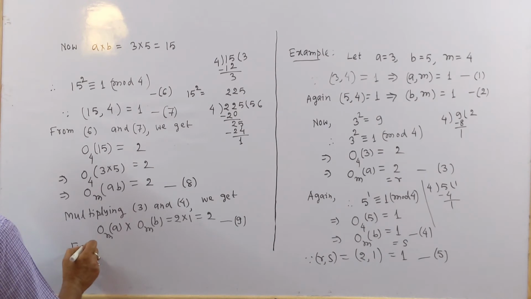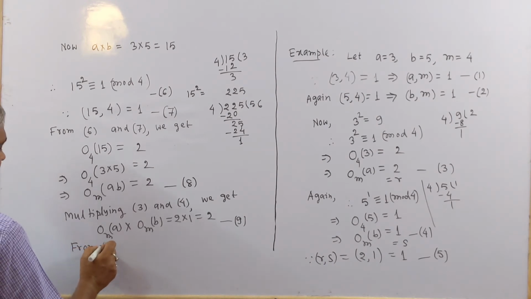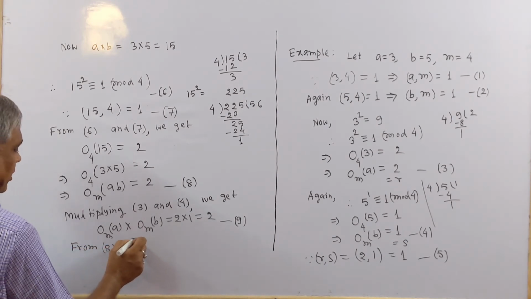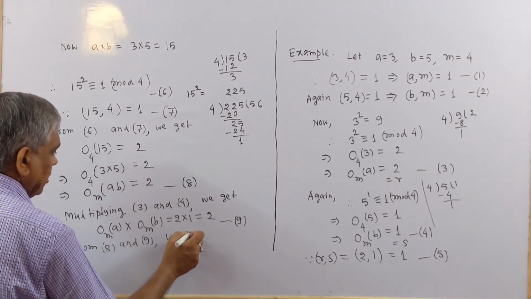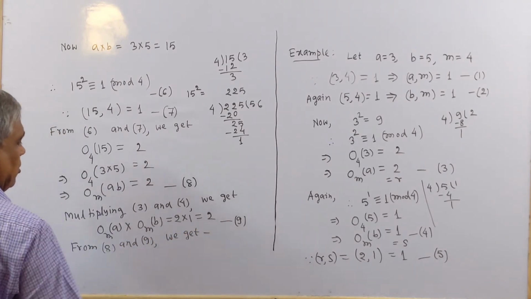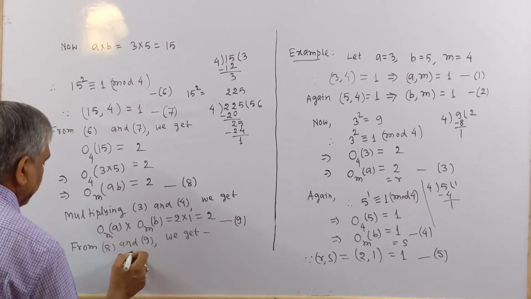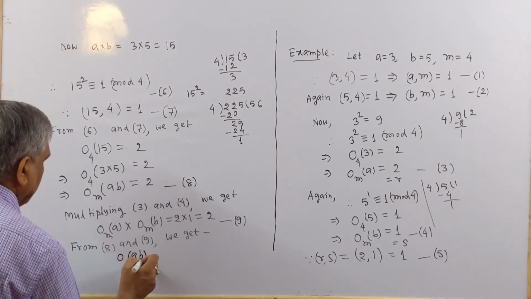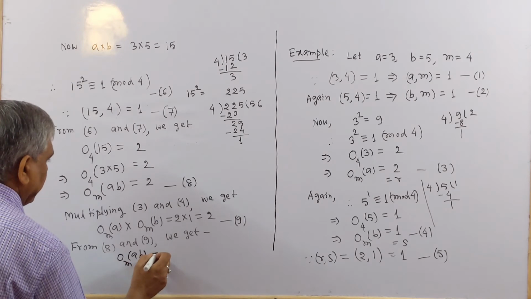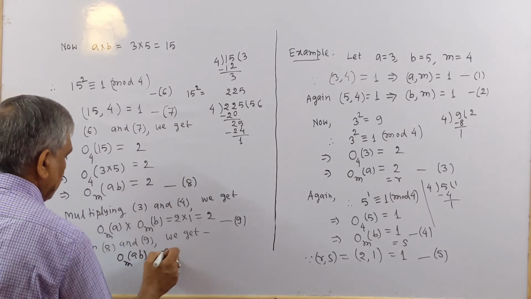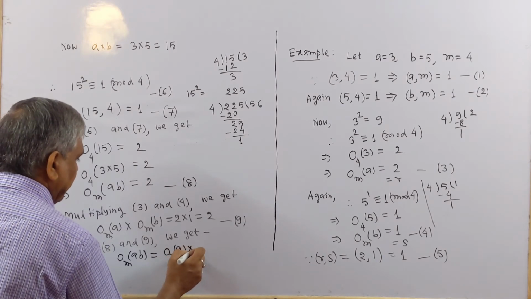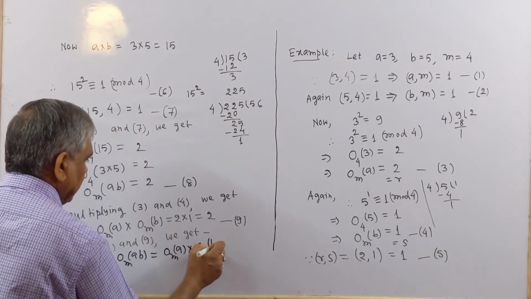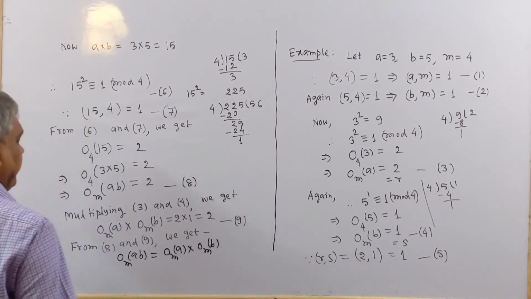From 8 and 9, we get order of ab modulo m equal to order of a modulo m multiplied by order of b modulo m.